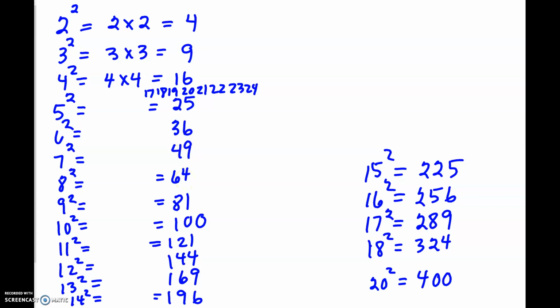So what we're going to do today is something like the opposite of squaring, which is taking the square root. If we take the square root of 4, we go back to that number 2. What times what gives you 4?